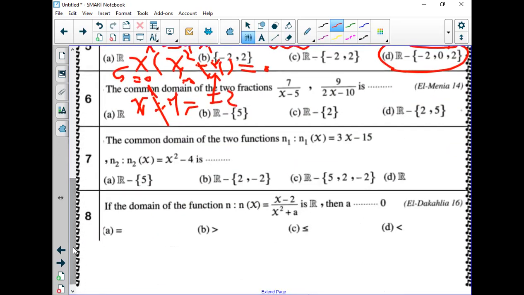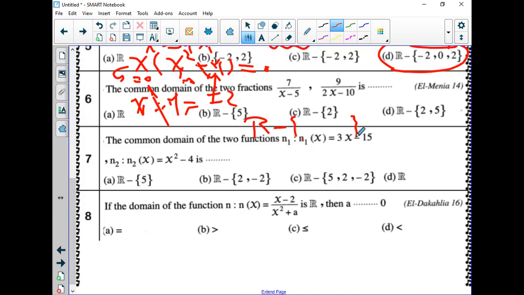Okay. Example number 6. The common domain of two fractions 7 over x minus 5 and 9 over 2x minus 10 is what? We know that the common domain is R difference the set of zeros of the two denominators.